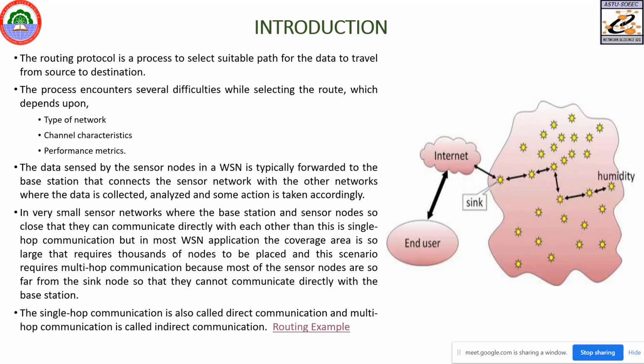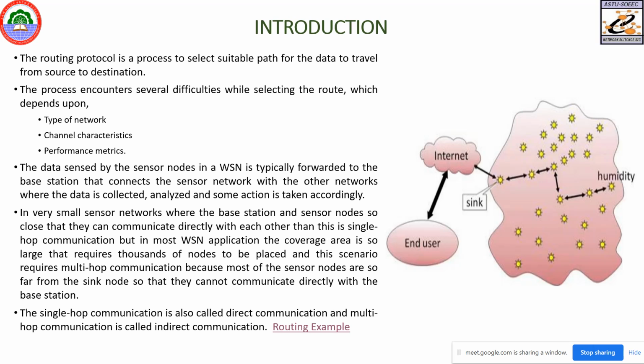In this case, these nodes have to depend on other intermediary nodes to transfer the information from one location to another. If you consider this image, let us assume that various sensors are deployed to measure the humidity of one particular region.